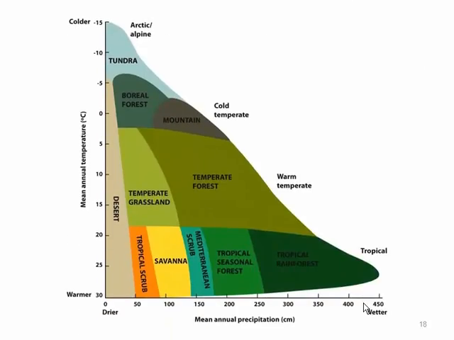So typically you'll see a diagram of something like this, which shows temperature on the y-axis, the vertical axis, ranging from cold at the top to warmer below. And then on the horizontal or x-axis, you'll be going from drier to the left, typically, and wetter to the right.